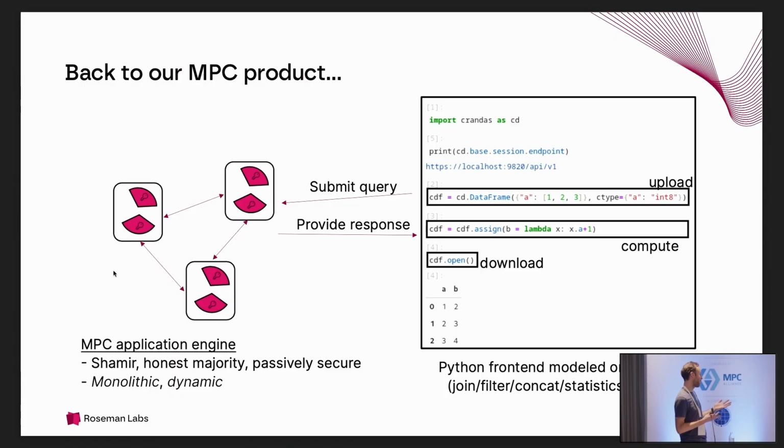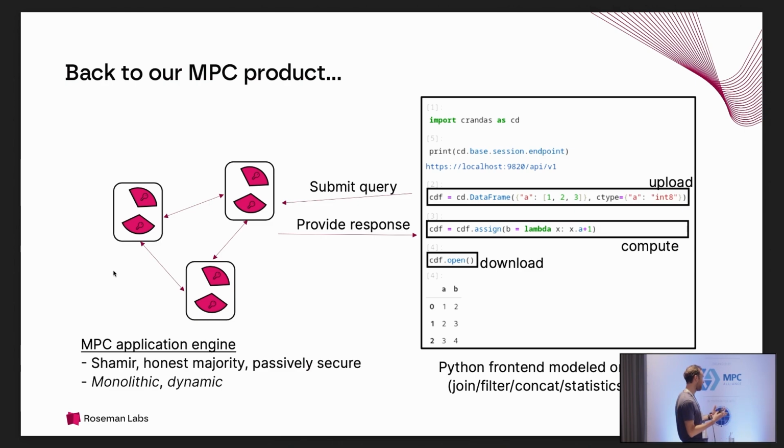You submit a query to it that triggers a fork of the main program counter. Within that fork, the computation, whether it's a join or a concatenation or whatever, happens in the context of that fork's program counter. And that computation keeps on running, and in the end provides a response that's sent to the client.